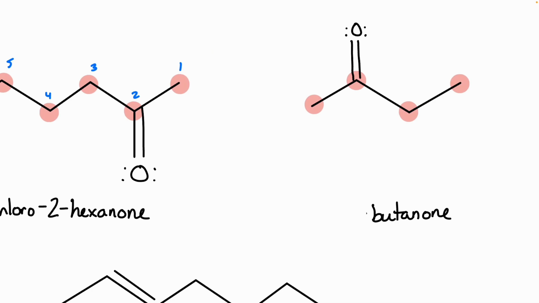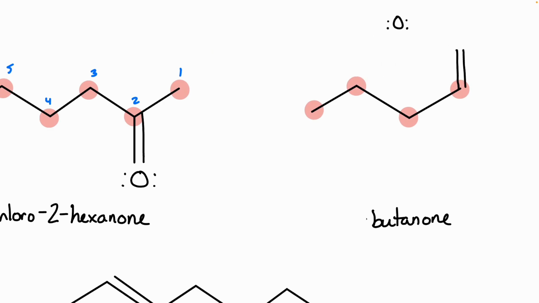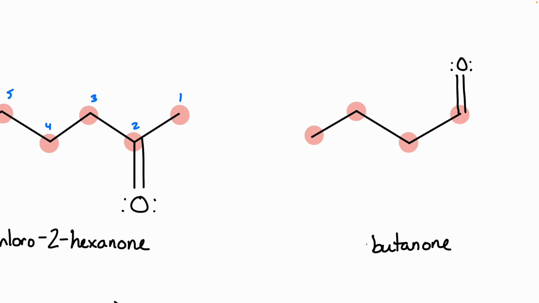No, right? Because all we would do is change our numbering scheme and number from left to right instead of right to left. All right? What if I moved it over here? Would this be 1-butanone? Right, exactly. It's not a ketone anymore. It would become an aldehyde.